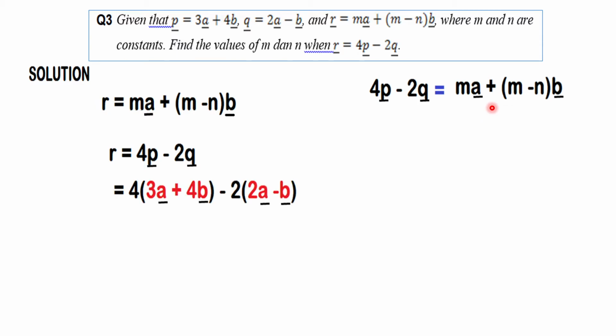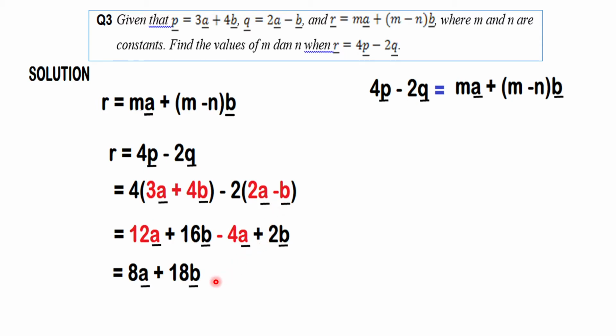Therefore, I need to change 4p minus 2q to vectors in terms of a and b. So replace p as 3a plus 4b and q as 2a minus b. Expand this and simplify until you get 8a plus 18b. So now you can continue with the solution.